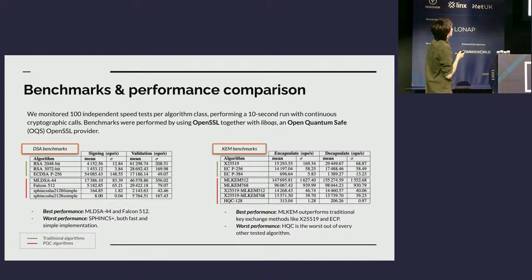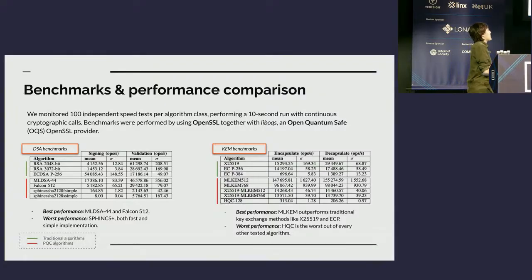So we ran some benchmarks. We ran 100 independent speed test algorithms performed with cryptographic calls continuously to a machine, and we ran these benchmarks using OpenSSL together with Open Quantum Safe. For digital signatures, the best performance is achieved by ML-DSA and Falcon, and the worst performance is from SPHINCS+, both the fast and simple implementations.